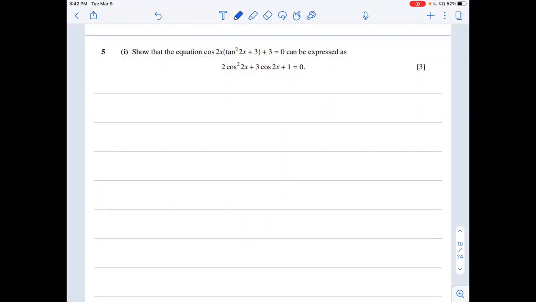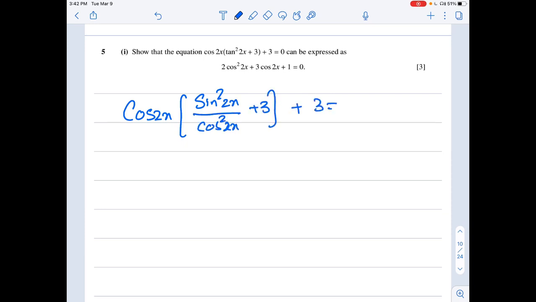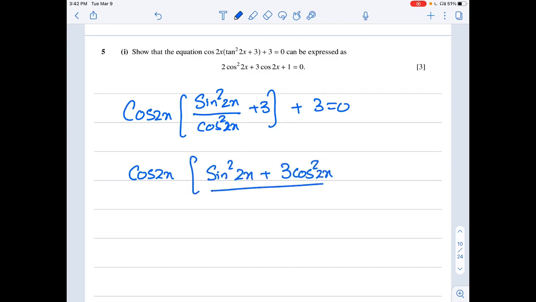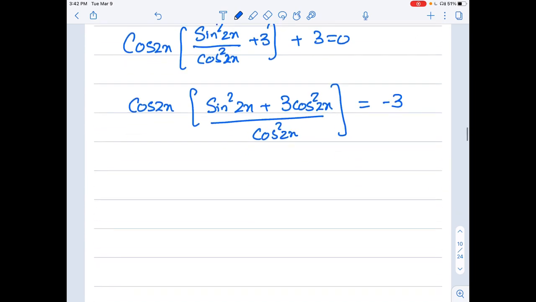Coming to question 5, it is cos 2x tan square 2x plus 3 equals 0. Tan square 2x can be written as sine square 2x upon cos square 2x. So I take the common denominator: cos 2x times sine square 2x plus 3 cos square 2x upon cos square 2x is equal to, I can write it as minus 3, easy to understand.